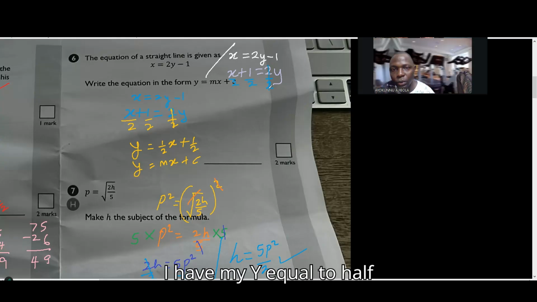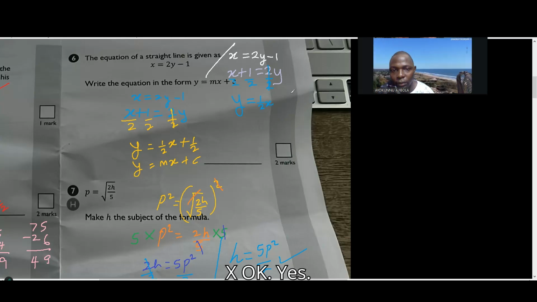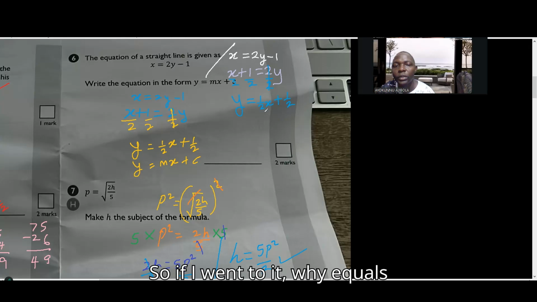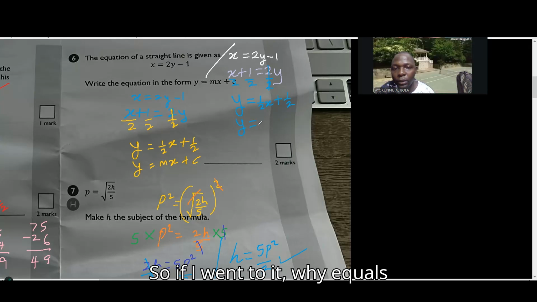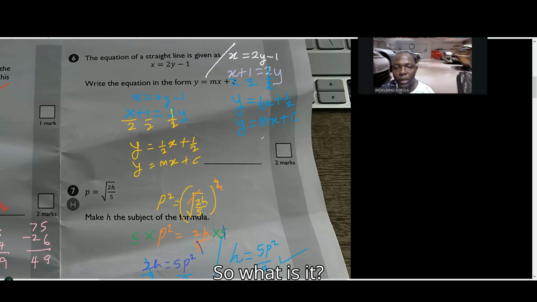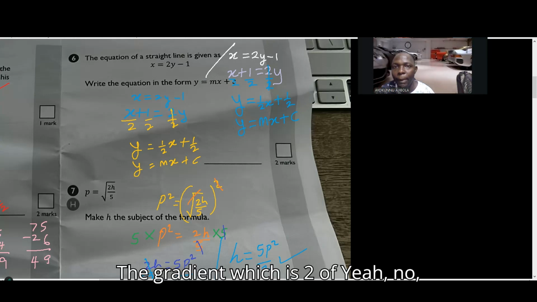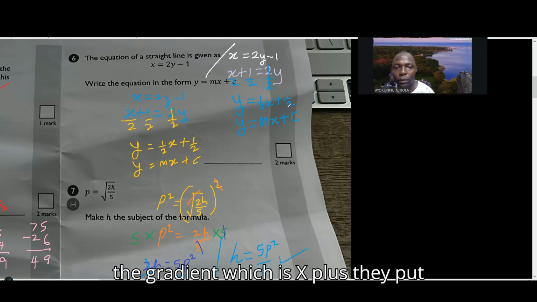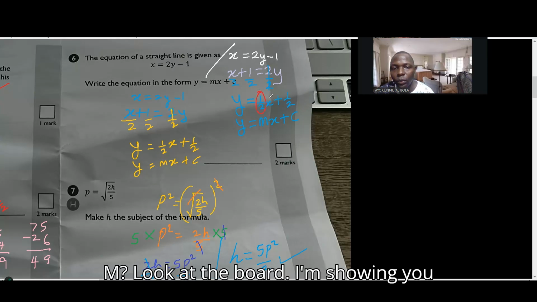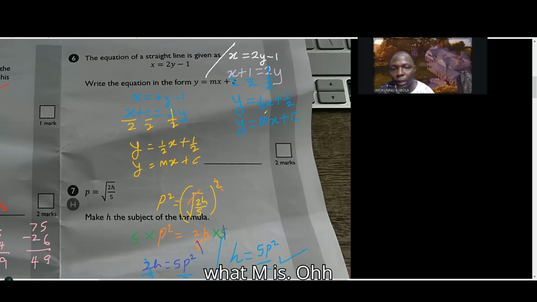So 2 cancels out here, then I have y equals half x plus half. If we equate it, y equals mx plus c. So what is m? The gradient. Look at the board, I'm showing you what m is.